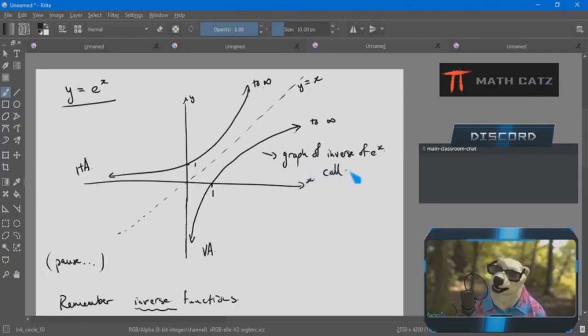We're going to call this the natural, because it's coming from the natural exponential function, logarithmic function. And it's going to be y equals ln, for natural logarithmic function, of x.